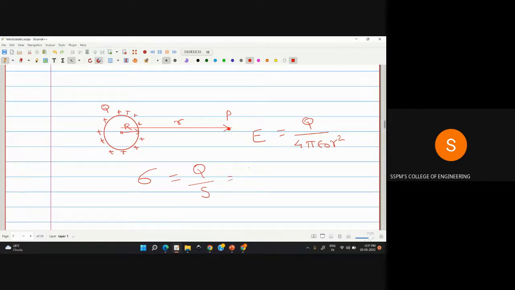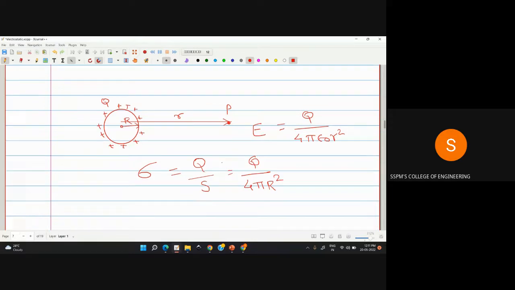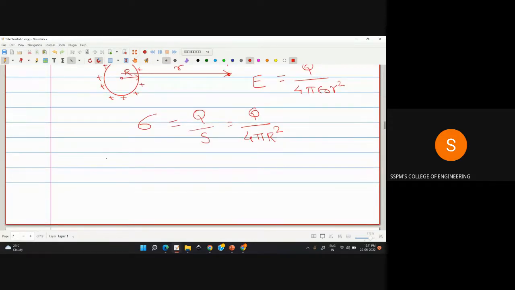The total charge on the sphere is Q. And what is the area of the sphere of radius r? The area of a sphere of radius r is 4 pi r square, isn't it? So what is the total charge in terms of the surface charge density? The total charge is sigma into 4 pi r square, isn't it?